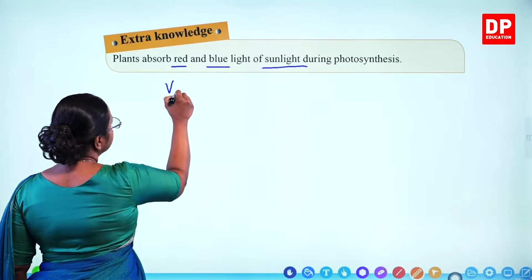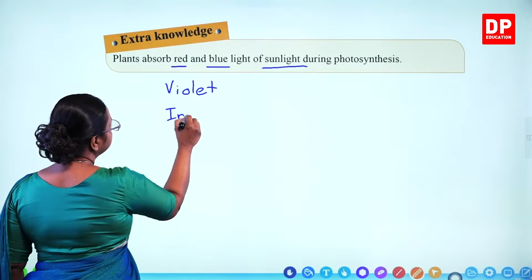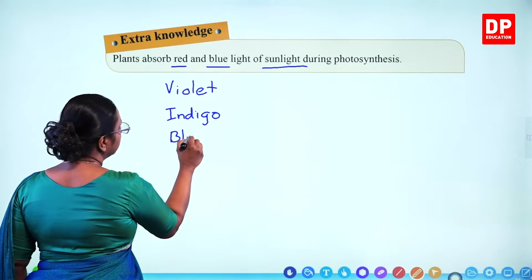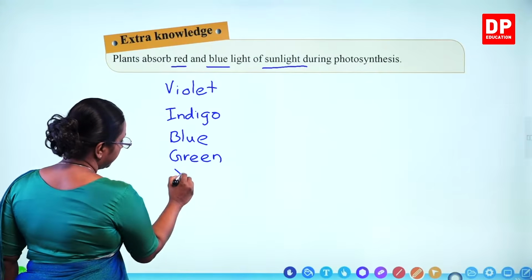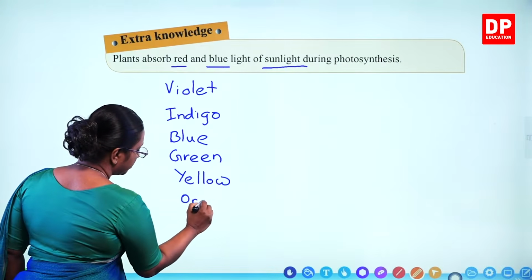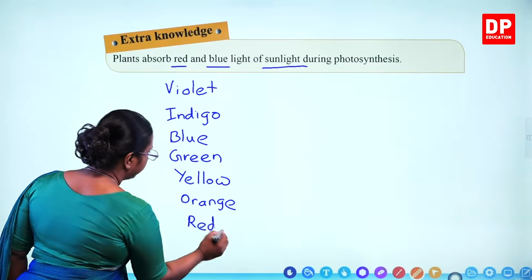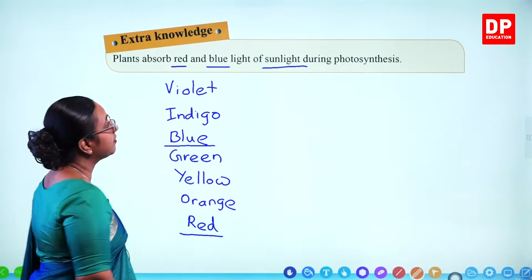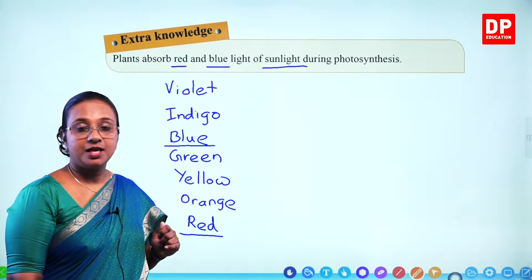What are the colors? Violet, indigo, blue, green, yellow, orange, and red. Out of these, blue and red are the colors absorbed by plants.